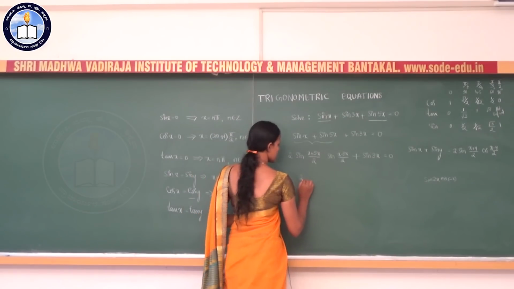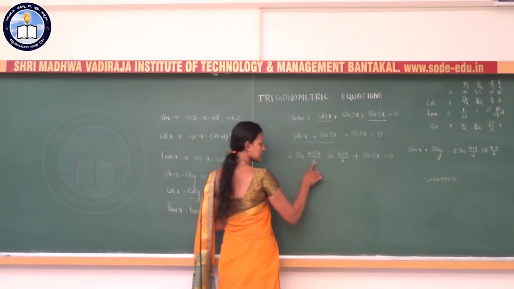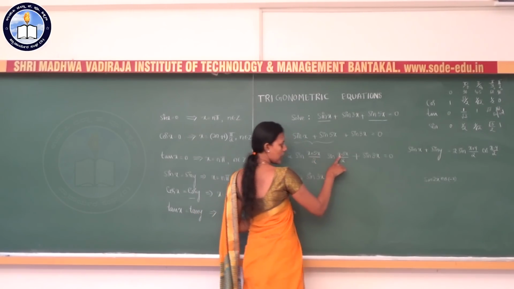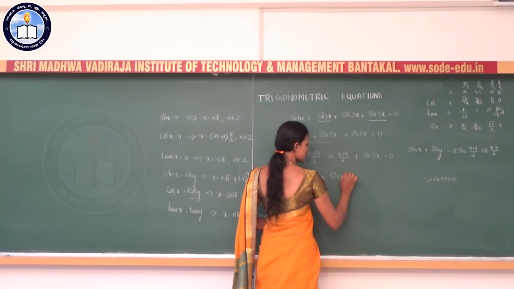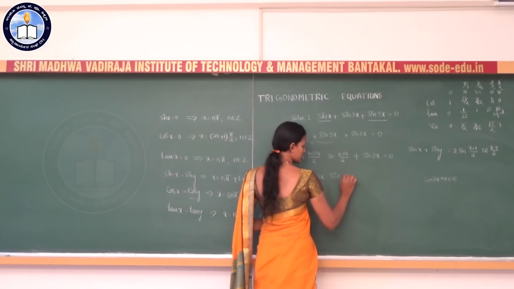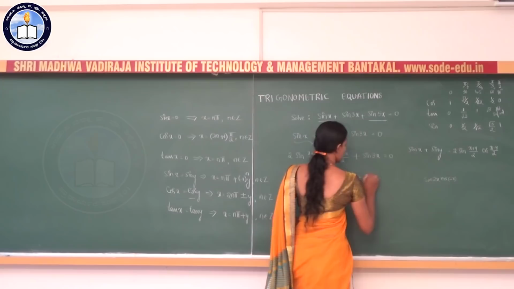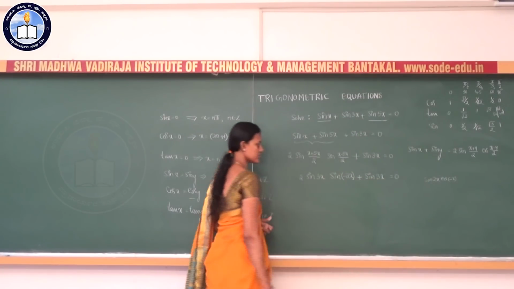So the first term is 2 sin of 6x by 2, which is 3x, and x minus 5x is minus 4x by 2. So, it is minus 2x plus sine of 3x is equal to 0.